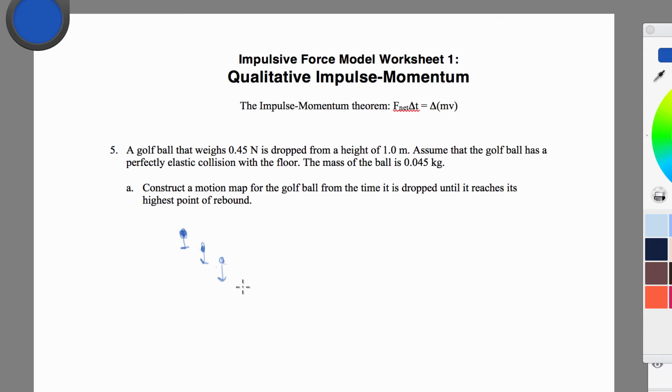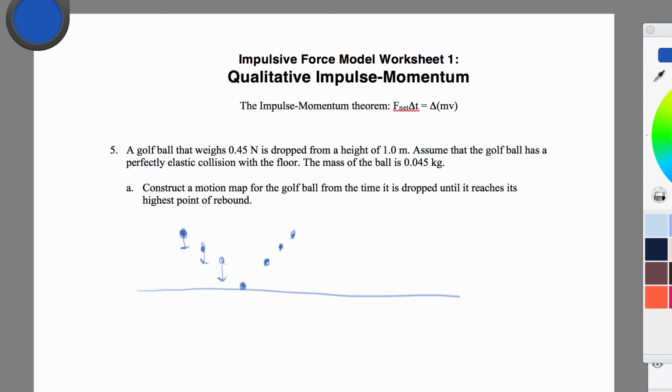Each time it goes down a little further. So here's the ground. Then it starts bouncing up and bouncing up and bouncing up. And that's basically what a motion map is. It's like a little time lapse. And eventually it reaches back at the same height.